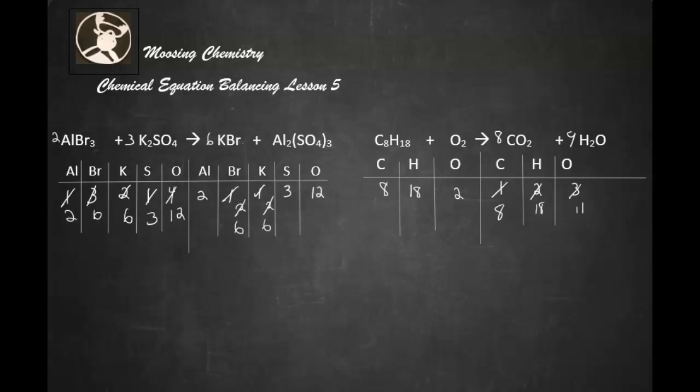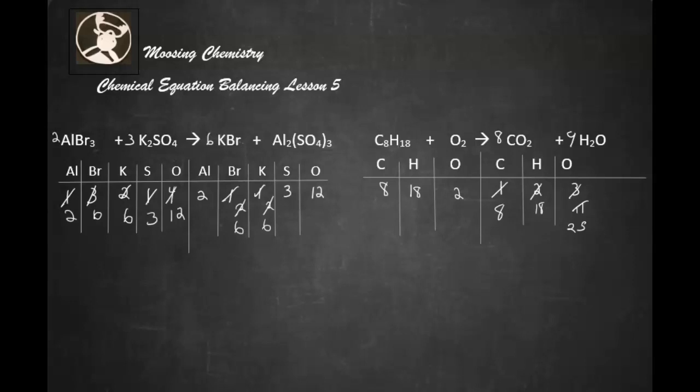And that 9 oxygens and 16 oxygens will give me 25 oxygens. Okay. Now, so we can't put any number here in front of that oxygen to make that work.